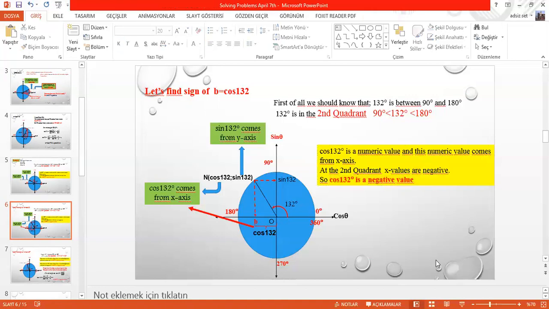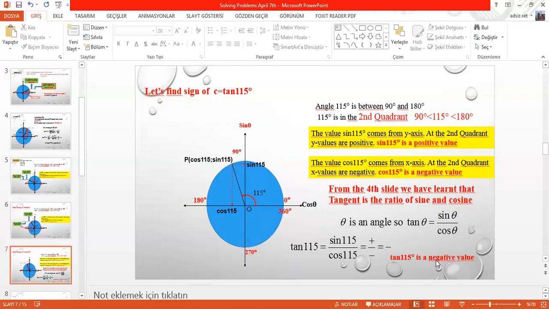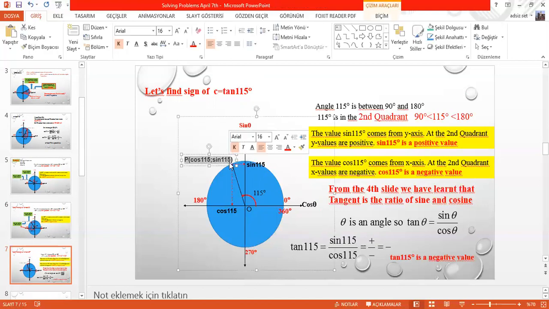Okay, the next page, tangent 115. Firstly, let's check 115. It's in the second quadrant. Let's take a point with respect to 115, let it be P. P is formed by two components, as you know: the X component and the Y component.